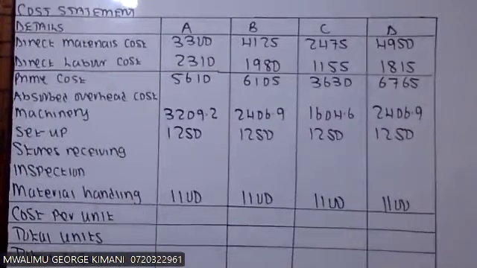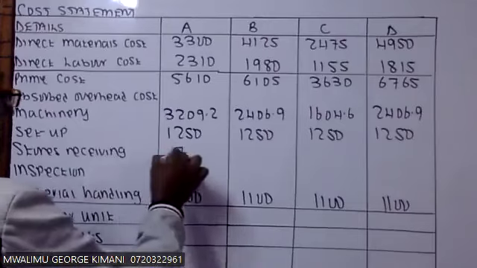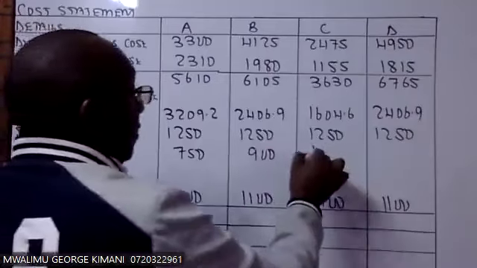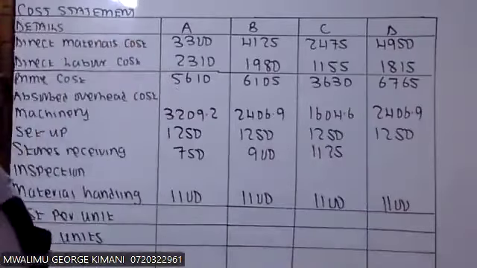Stores receiving. Stores receiving 750, 900, 1125, and 750.